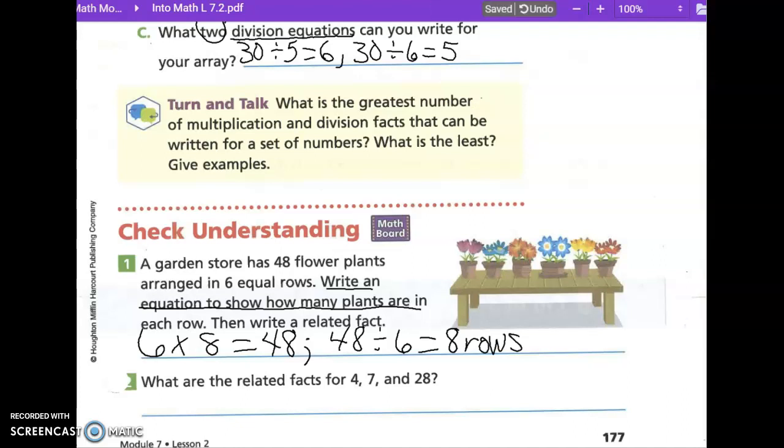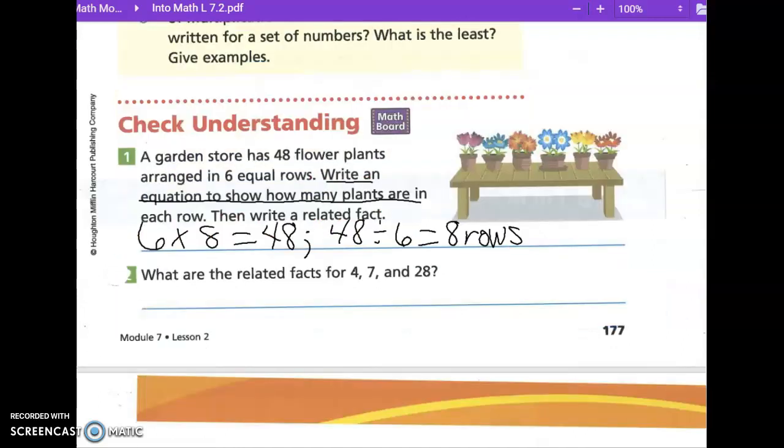And then the bottom check your understanding just says what are the related facts for 4, 7, and 28. So you should write me 2 multiplication and 2 division facts, and I'll be around to check. If you're at home, I'll put them up in here in a minute. Okay, so then on number 2, it says what are the related facts for 4, 7, and 28.